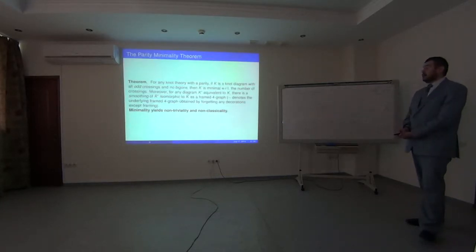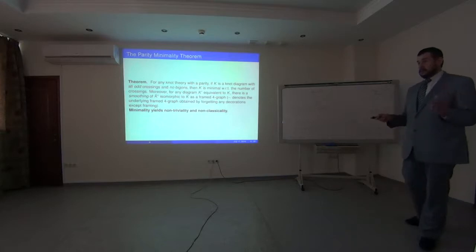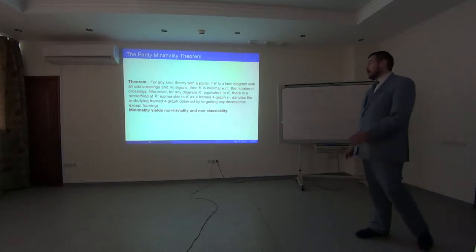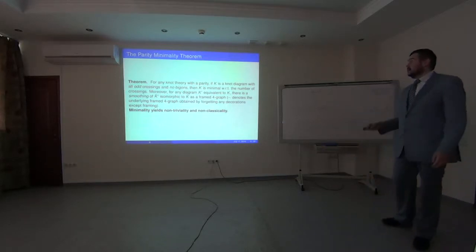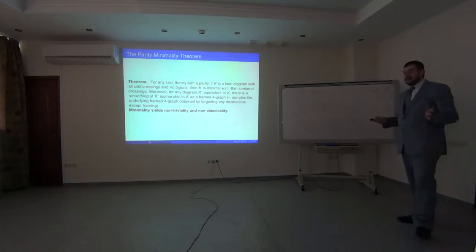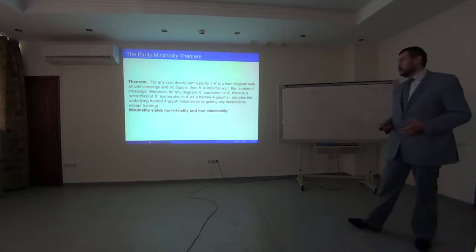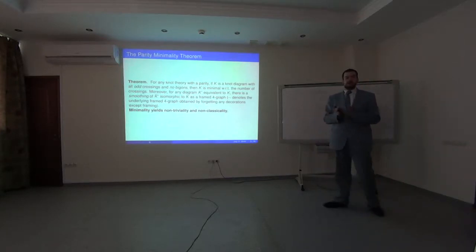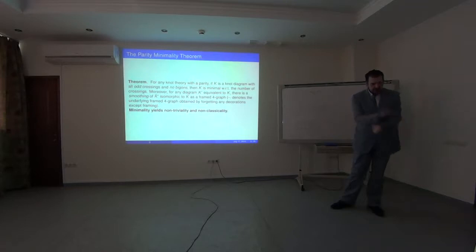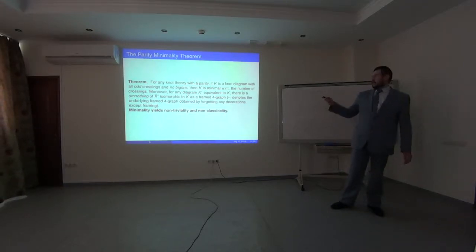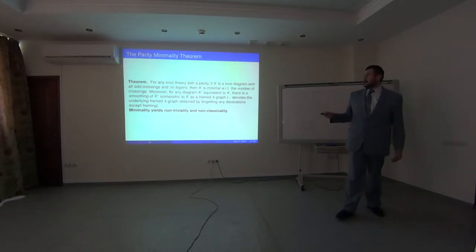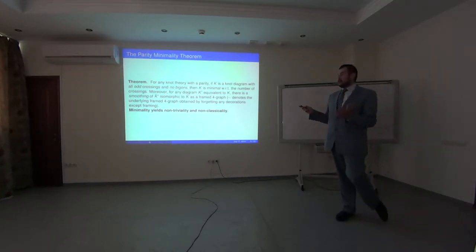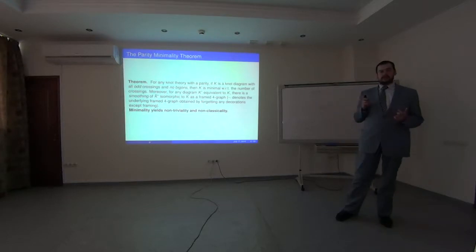So the main theorem, which I'm going to prove completely and which I stated last week, is that for any knot theory, if we have a diagram with crossings which are odd and which is irreducible, in the sense that there are no bigons, there is no possibility to decrease it in one term, then it's minimal in a very strong sense. That's the formulation of the theorem: every equivalent diagram has the initial diagram inside it.